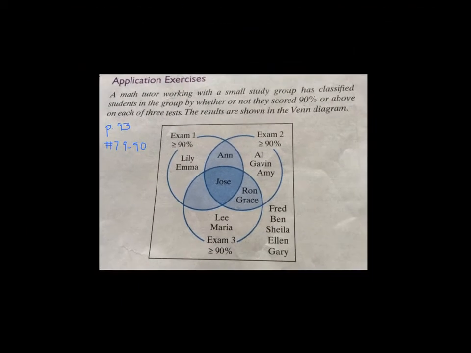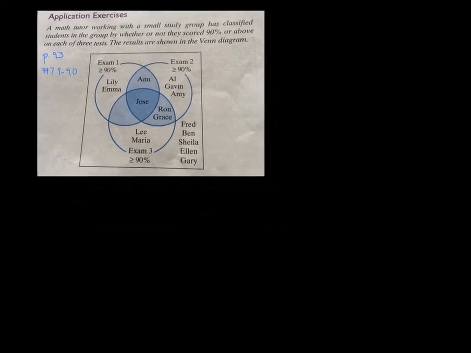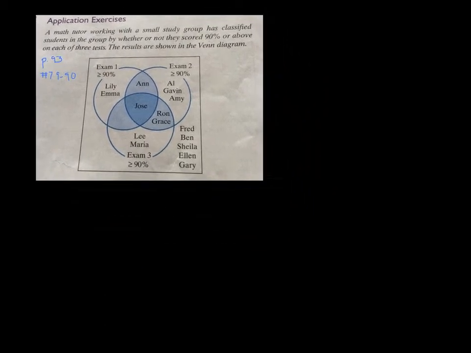So let's try number 80. So 80 says in your book, the set of students who scored 90% or above on exam 2. Okay, so we can write some given information down. You don't have to write that sentence verbatim.